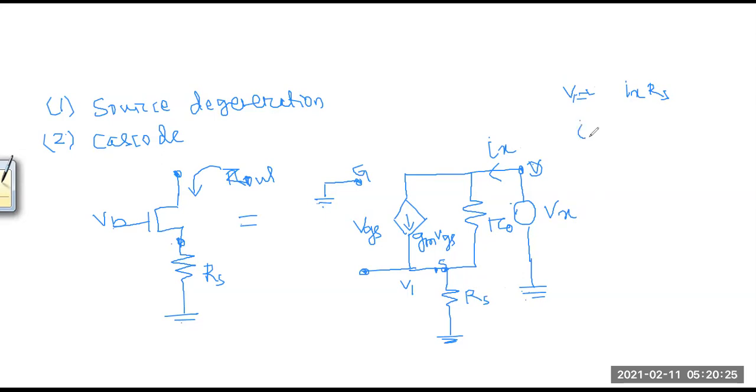Ix is equal to what is here? So Vx first this Gm minus Vgs. See, though this is ground, so this with respect to this, okay, and this is ground.